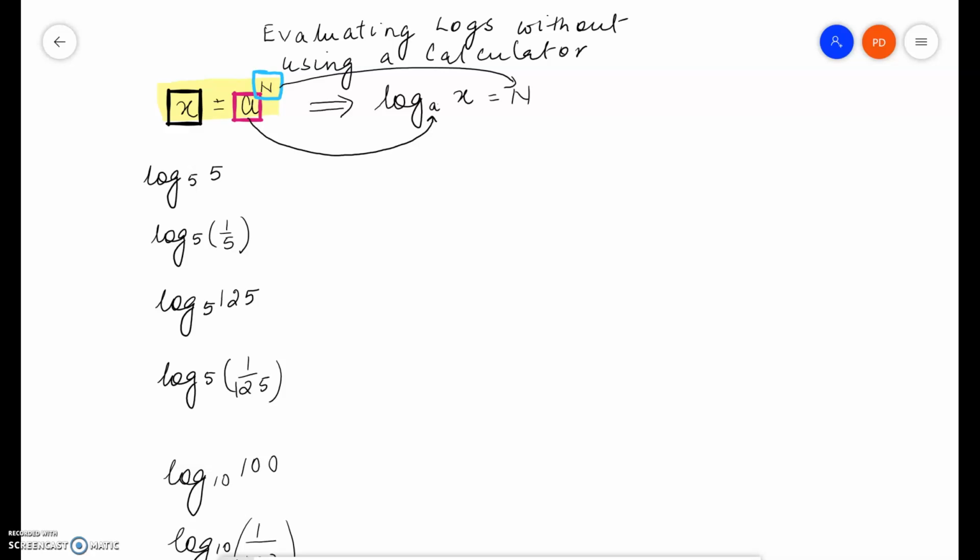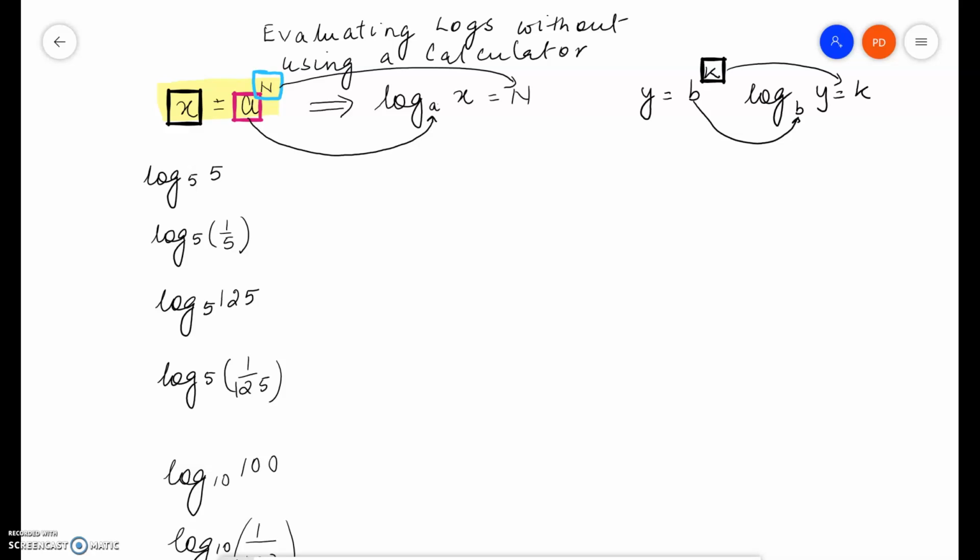Okay, so if I have y equals b to the k, then we write this as log of the number y to the base b is the exponent k. So notice the base of the exponential term is the base of the log. The exponent is the log of the number to the given base.